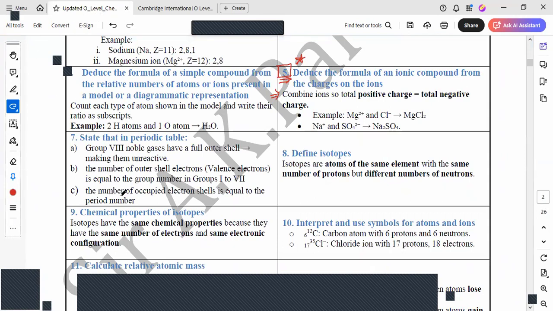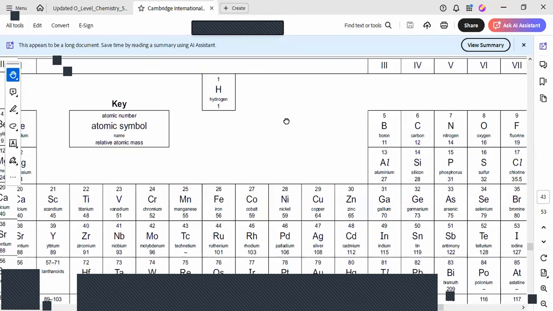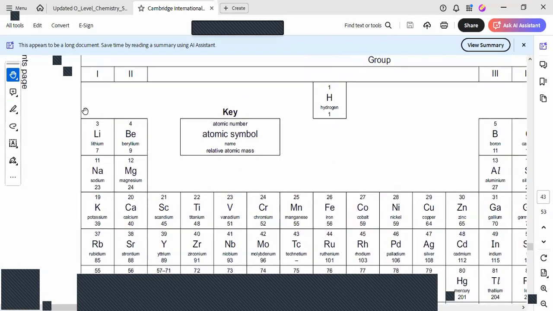Now, the next thing is that the number of occupied electron shells is equal to the period number. The columns are the group numbers. Period numbers are not mentioned in the periodic table, but we consider the first row as the first period, and then period number 2, 3, 4, 5, and so on.